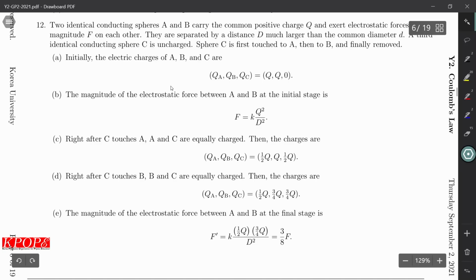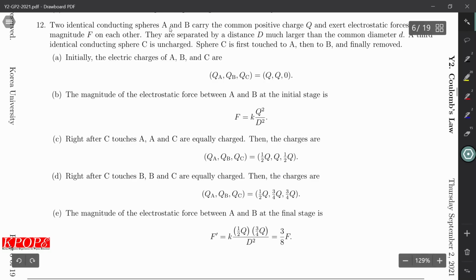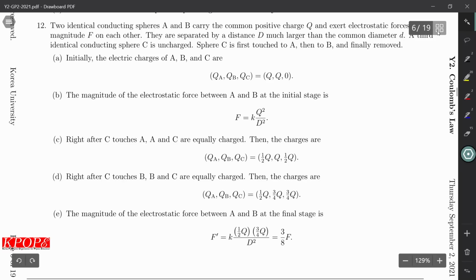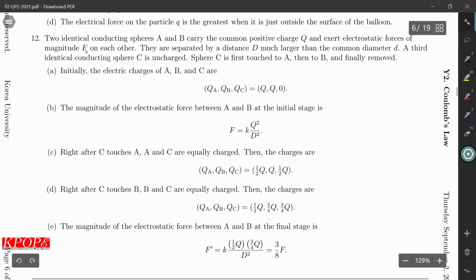So simple. Let's consider number 12. Two identical conducting spheres, A and B, carry a common positive charge Q and exert electrostatic forces of magnitude F on each other.